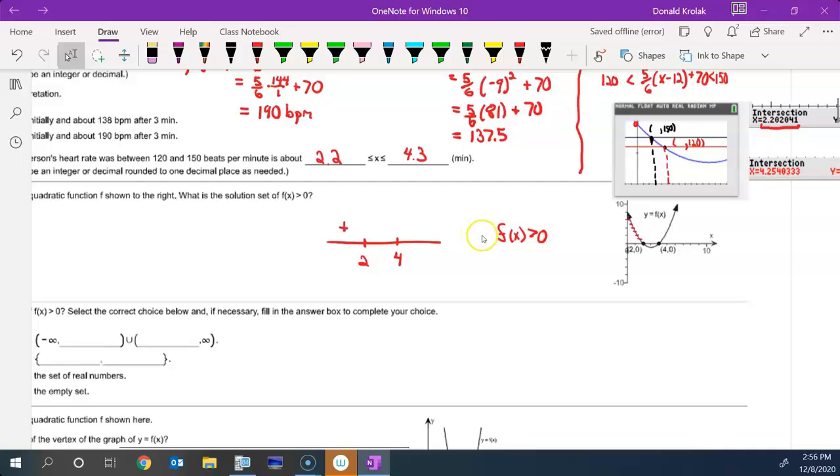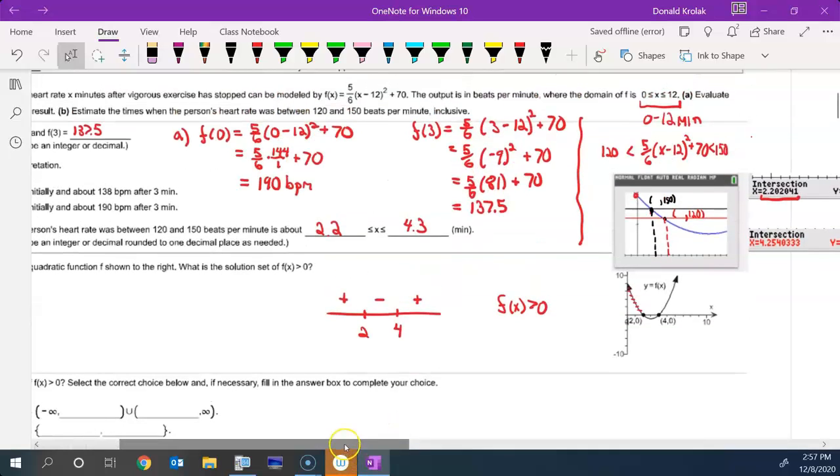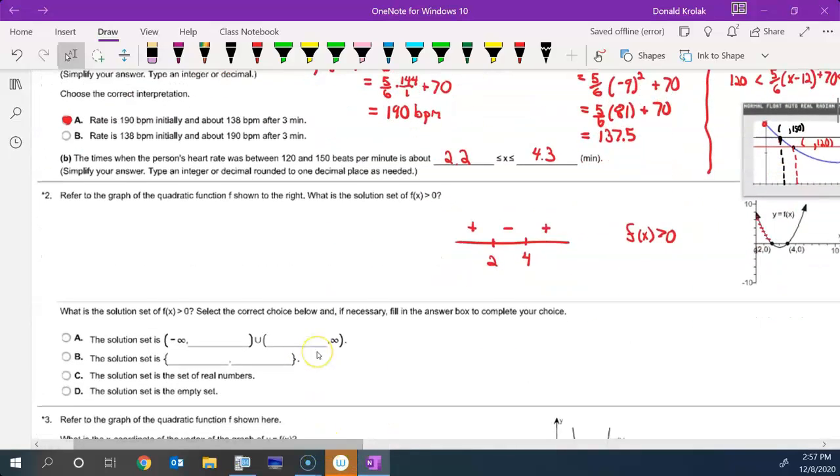Between 2 and 4, the graph is below the x-axis, and then from 4 on, the graph is positive. So the intervals where the graph is greater than 0 are going to be the 2 outside intervals, these 2 that I'm highlighting in blue. So that would correspond to a solution set from negative infinity to 2 and from 4 to positive infinity.